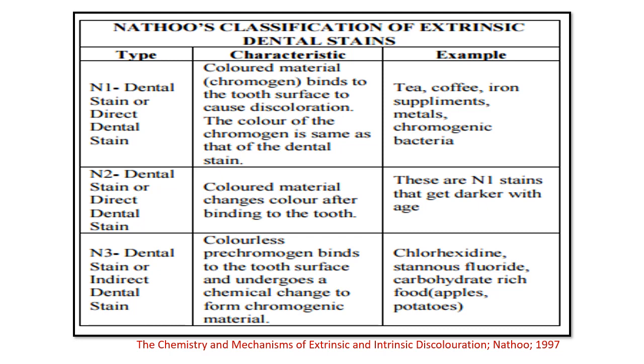N2 is basically a colored material that changes color after binding to the tooth. And these N2 stains get darker with age. Whereas N3 stains are basically colorless free chromogens that bind to the tooth surface and undergo a chemical change to form a chromogenic material, which includes basically chlorhexidine, stannous fluoride, and carbohydrate-rich food such as apples and potatoes.